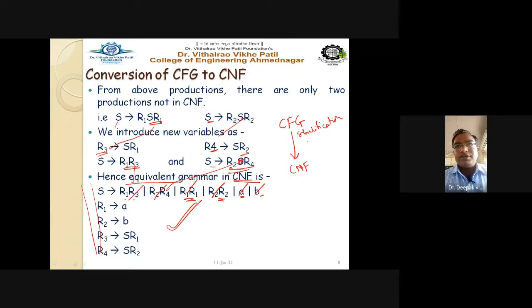Then after simplification, we have to add non-terminals to bring the grammar into the format NT produces NT NT and NT produces T. So this is the format of our CNF, that is Chomsky normal form, and we need to bring all productions in the given grammar into this particular format. So these are the steps, right? So we'll see another example.